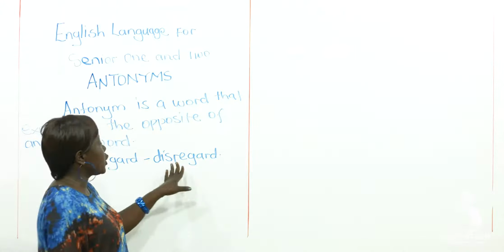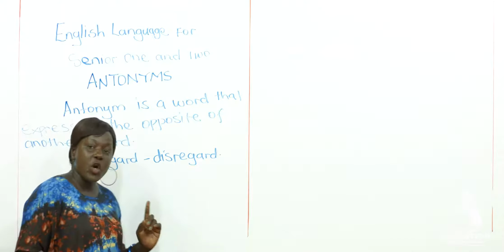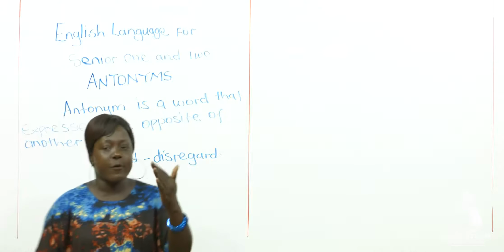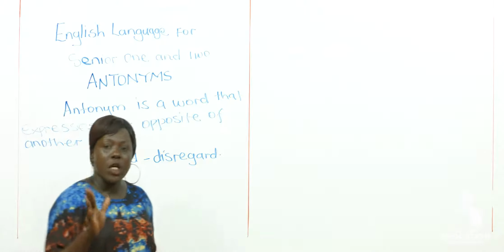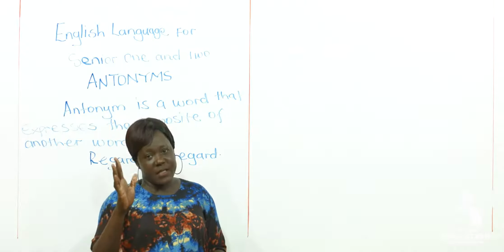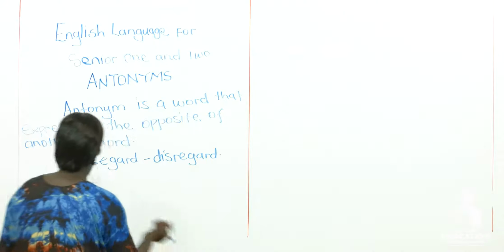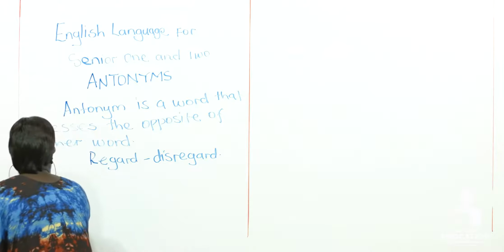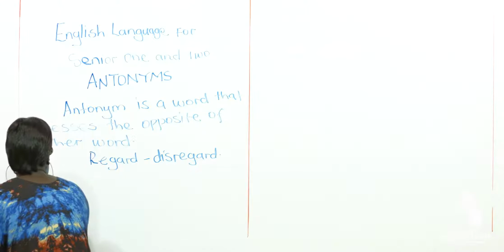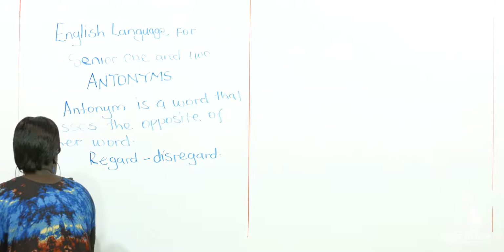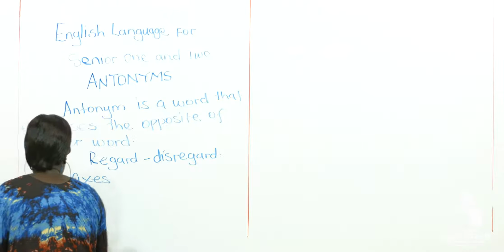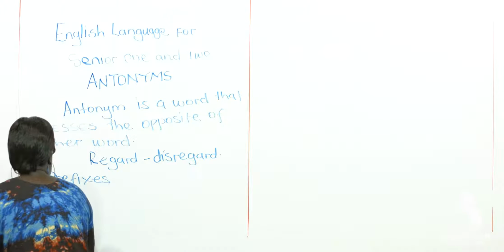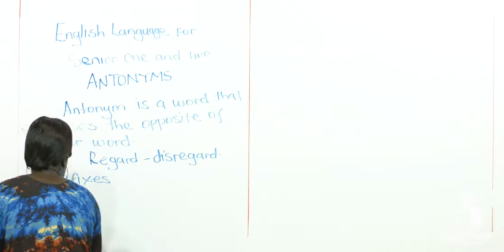But before we begin to do this, let me show you where antonyms are got from. One, it is got from what we call suffixes or prefixes. A, prefixes. B, it is got from abstract.